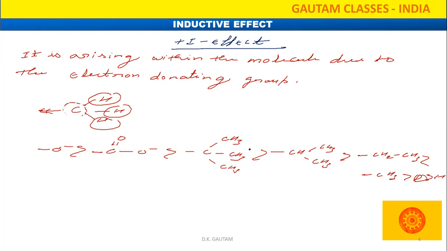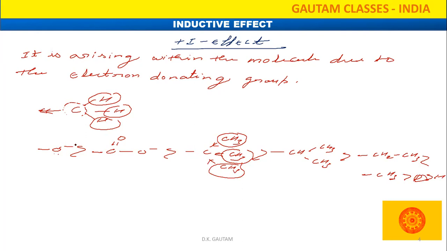So you have to keep this in your mind. You know why its magnitude is the highest? Because there are three methyl groups, and methyl groups also have electron density. So this electron density shifts towards this carbon atom, and the electron density cloud becomes more dense and strong. So it has more and more tendency to donate the electron, which is why it acts as a stronger plus I effect. What about here? Look here, a lone pair is present as well as a negative charge.